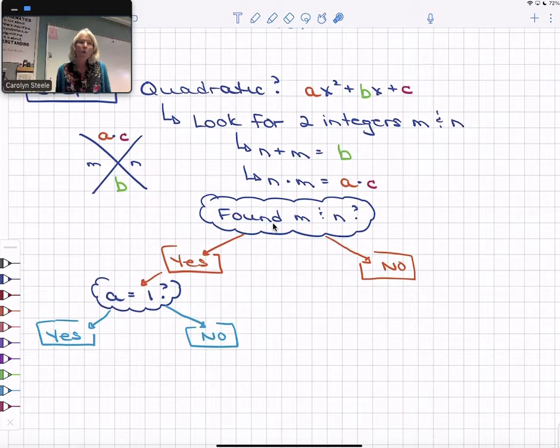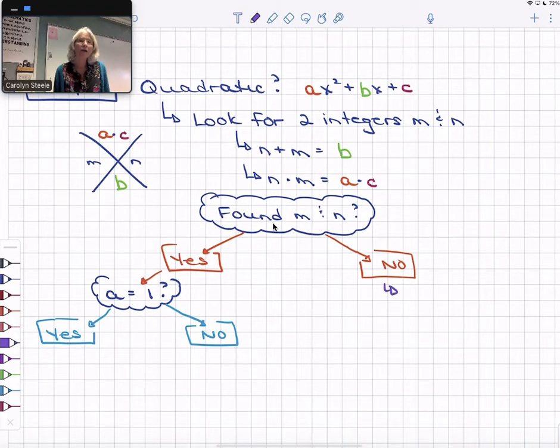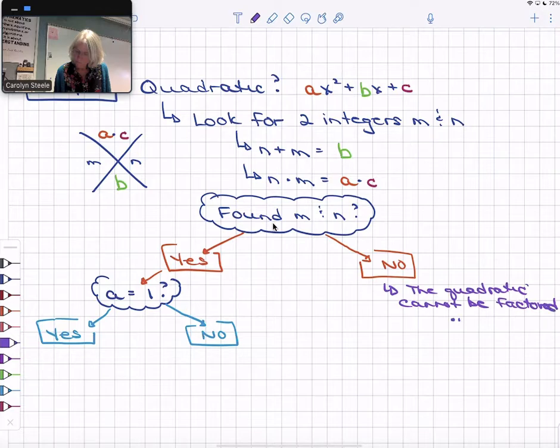If not, that's telling you this quadratic cannot be factored. Might be a little sad, but this happens all the time. You haven't seen this very often because I've been giving you quadratics that can be factored, but don't be surprised. It's going to happen to you.